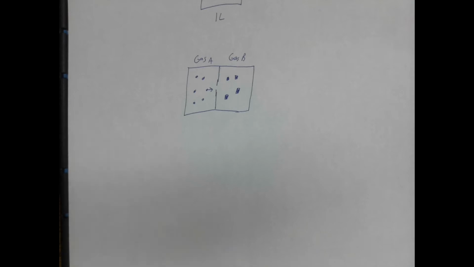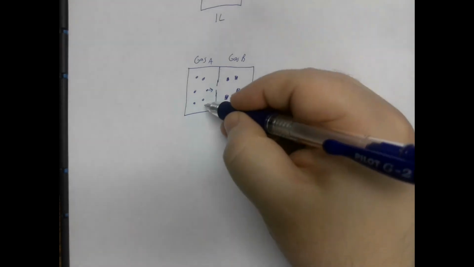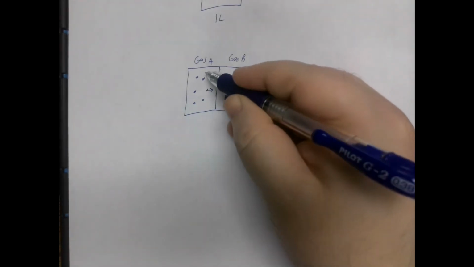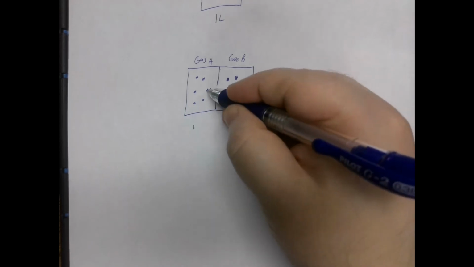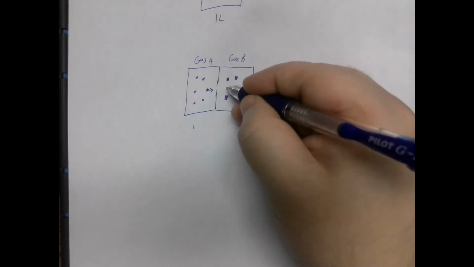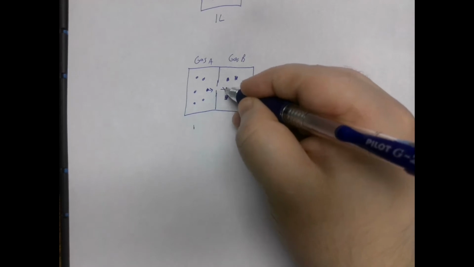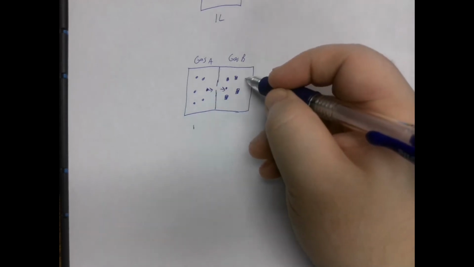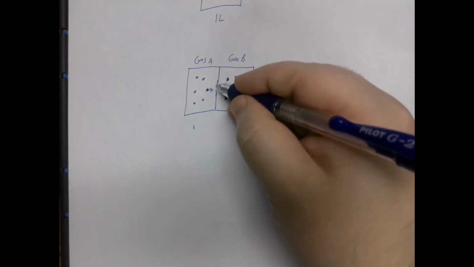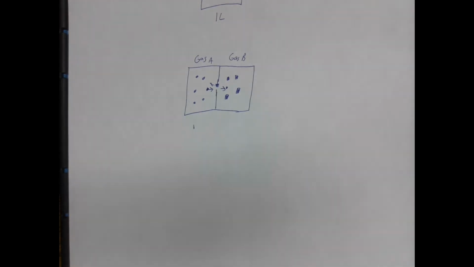So I believe what this law means is if we look at the rate at which gas A is going through this, so we're talking about how much these particles move in here, the rate at which gas A flows into the B side, and the rate at which the B side flows back into here.